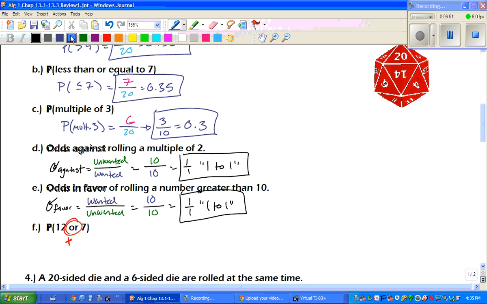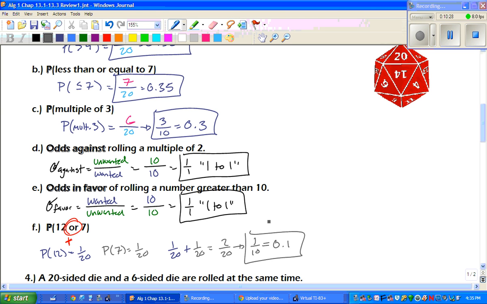Okay, so we take the probability of getting a 12, which is 1 out of 20, and then the probability of rolling a 7, which is 1 out of 20. And then we add those two together. So 1/20 plus 1/20 altogether equals 2 over 20. We can reduce that to 1 out of 10. And then we get the decimal, which is 0.1.